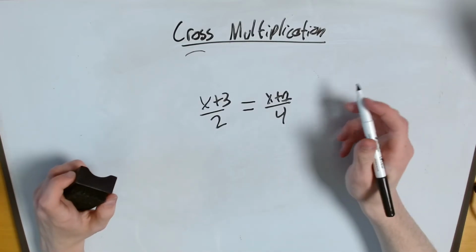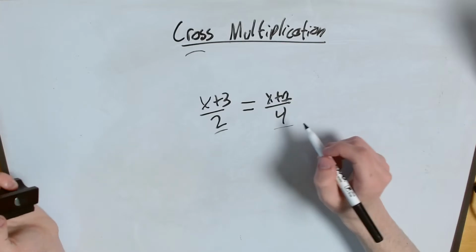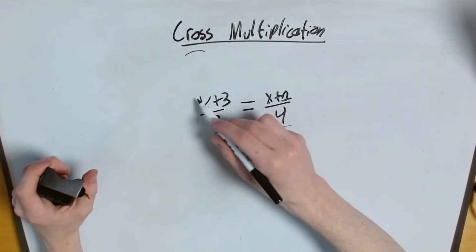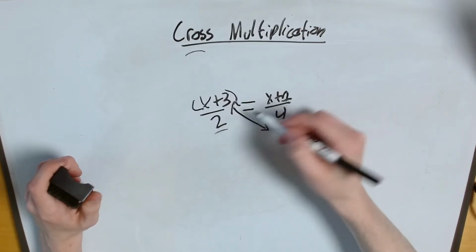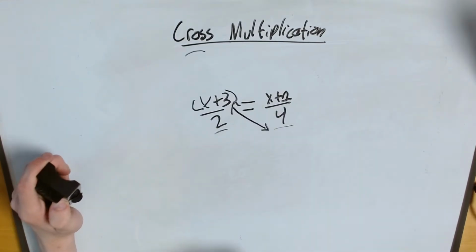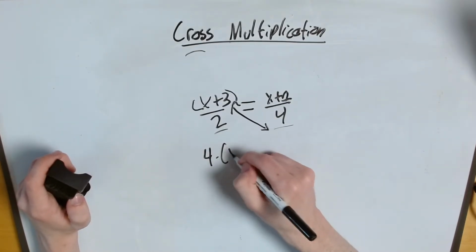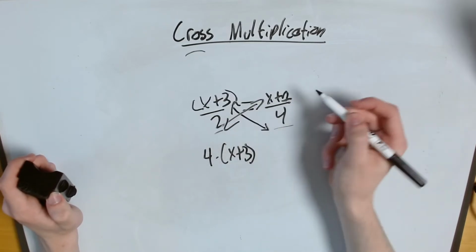This seems especially difficult because they're not the same base, so we can't just subtract or add them. But we can use cross multiplication. I'm going to take all of this and multiply by 4. That's one part of my X, my cross. So that's 4 times x plus 3. Then I can do the next part of my cross, 2 times x plus 1.